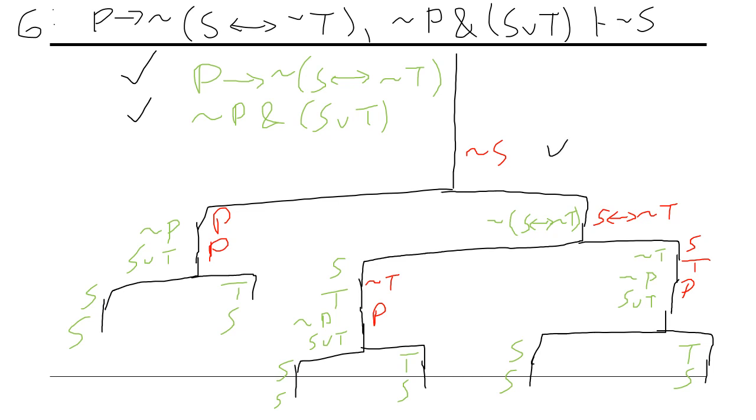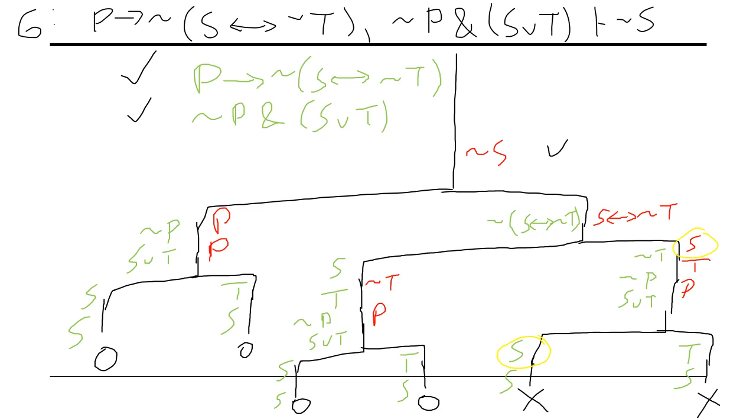I don't see anything that closes off here. I don't see anything that closes off here. Not seeing anything that closes off here. Nothing closes off here. Do have these S's here.